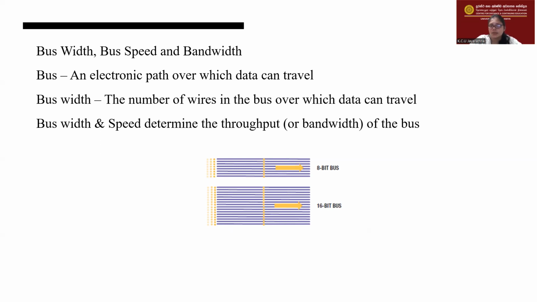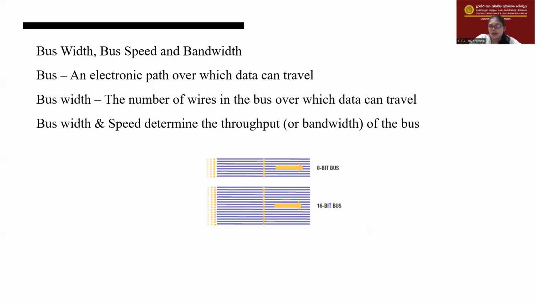So bus width is the number of wires in the bus over which data can travel. As a day-to-day example, on a road, if there are two lanes, these two lanes we can refer to as the bus width, so the number of wires.